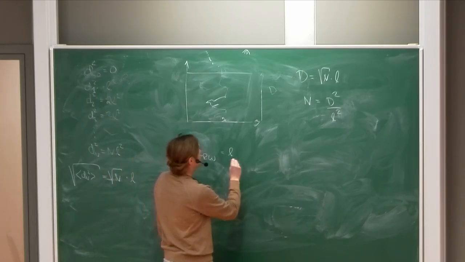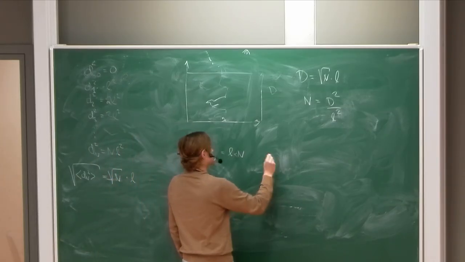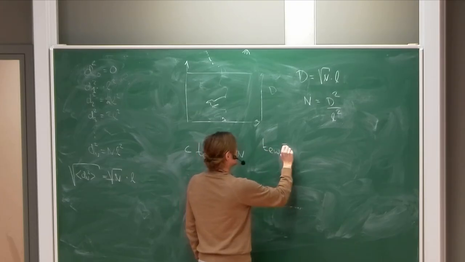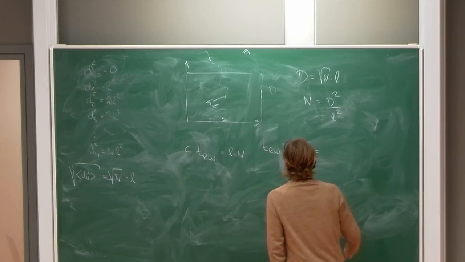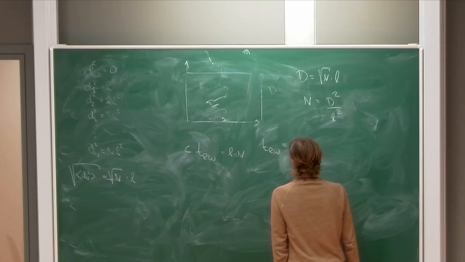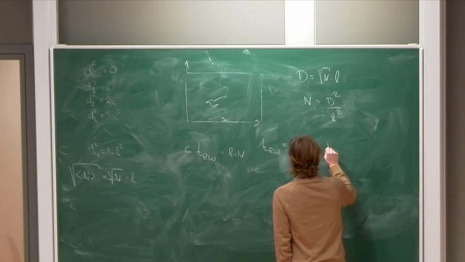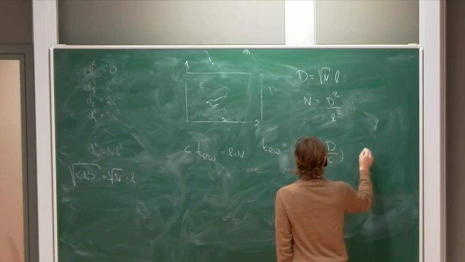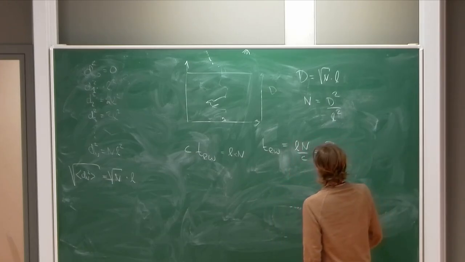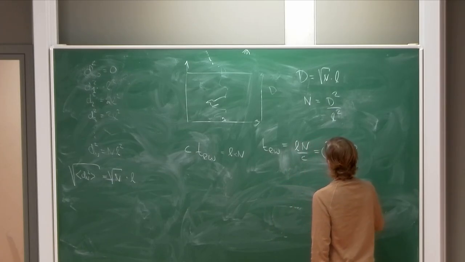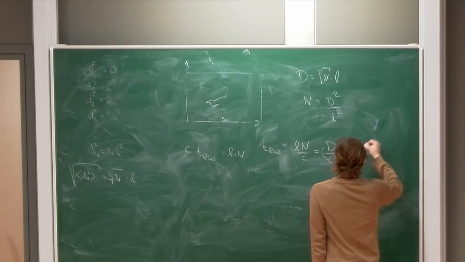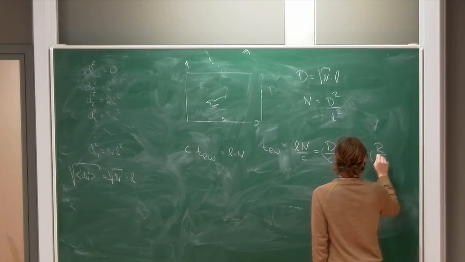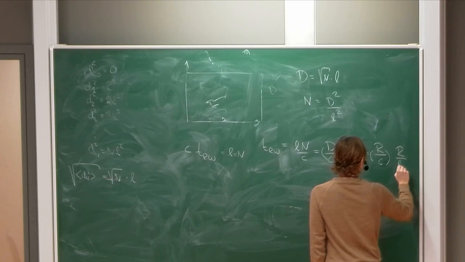So the random walk time in this case is just going to be L n divided by c, or if we put it into this, we can see that it is d divided by c times d divided by L. Or for the sun, it would be the radius of the sun divided by c times the radius divided by L.